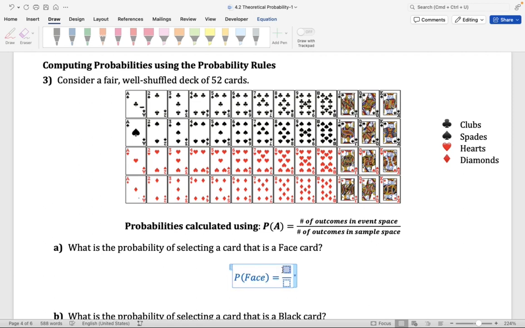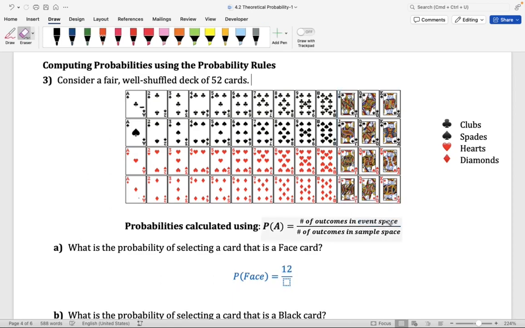So how many outcomes do we have in the event space? Here's how you can think of it. The event space contains the set of all the cards that have a face. That is all the jacks, all the queens, and all the kings. How many do you have in total? Well, you have 12 face cards. That means that you have 12 outcomes in the event space.